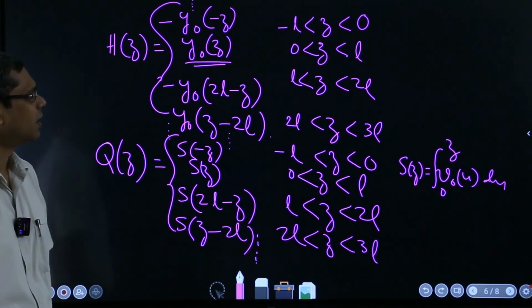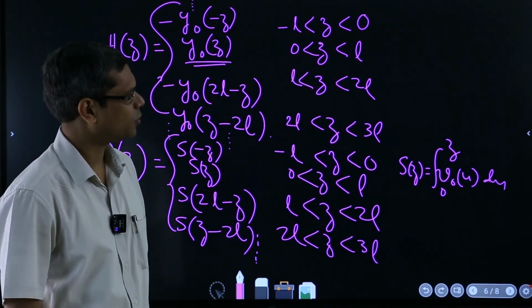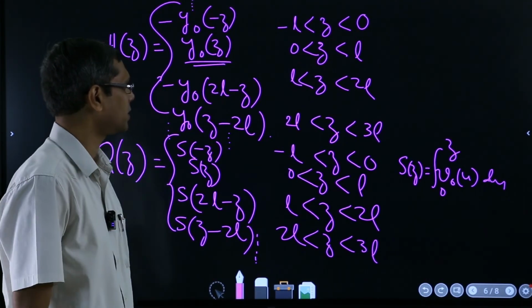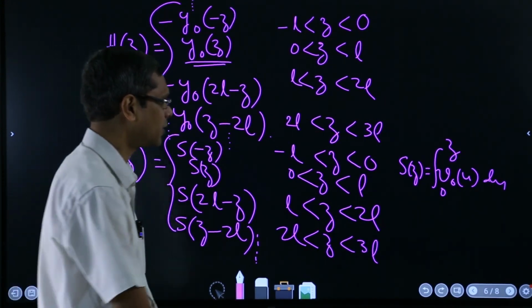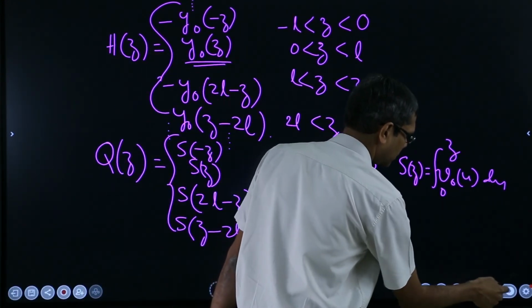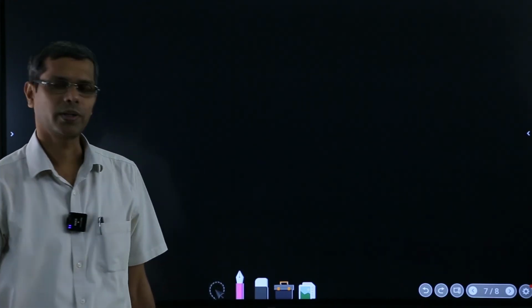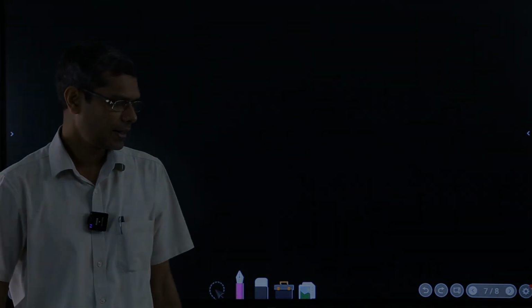If possible, for me it's not possible to draw that, otherwise I would have drawn and shown how it looks for a given condition, but it's very complex.